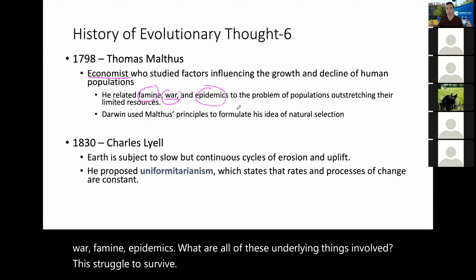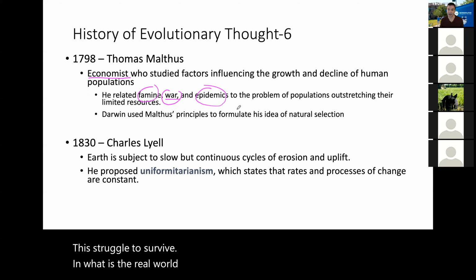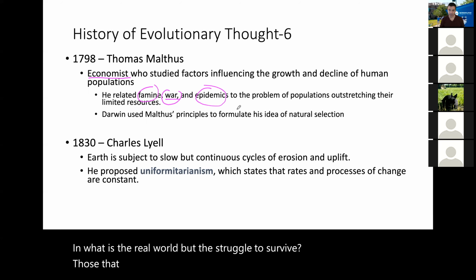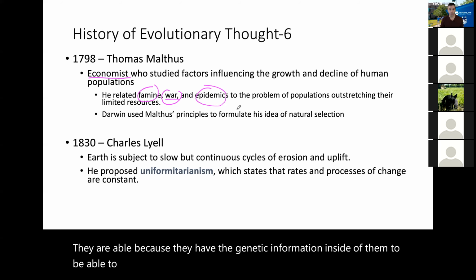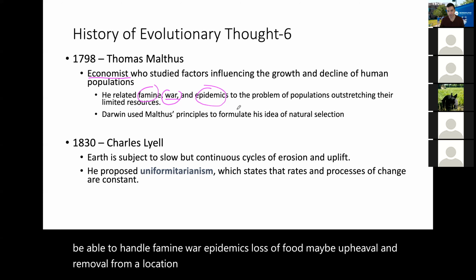And what is the real world but the struggle to survive? Those that are able to survive the poop storm, they're able, because they have the genetic information inside of them, to handle famine, war, epidemics, loss of food, maybe upheaval and removal from a location because of some kind of catastrophe.